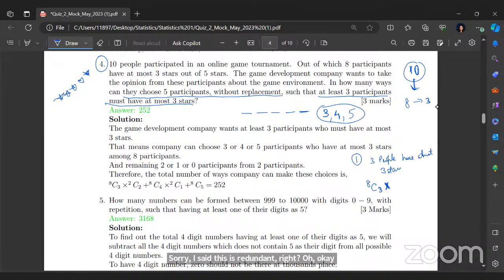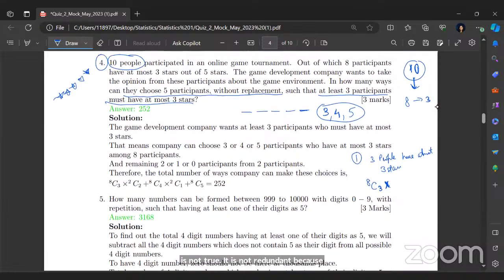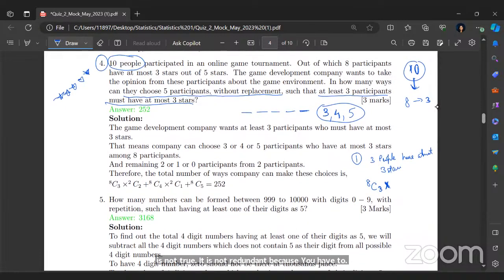That is not true. It is not redundant, because you have to use those. Let's see.